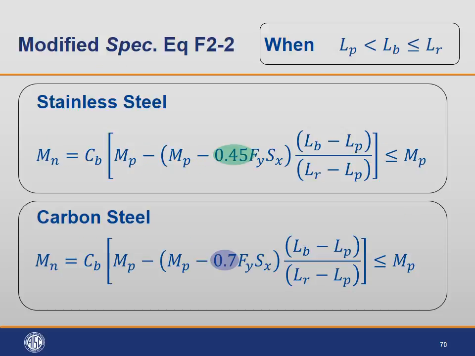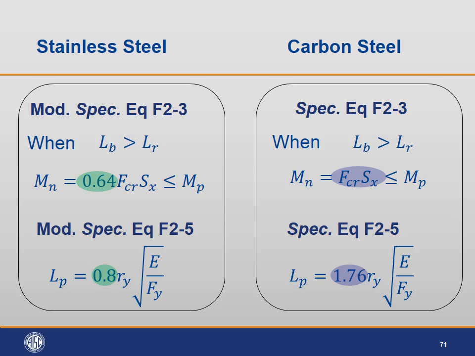So the lateral torsional buckling curve, the part that's given in equation F2-2 is modified for stainless steel. That is the expression there for the nominal flexural strength, Mn. And then again modifications are required to the equations F2-3 and F2-5.